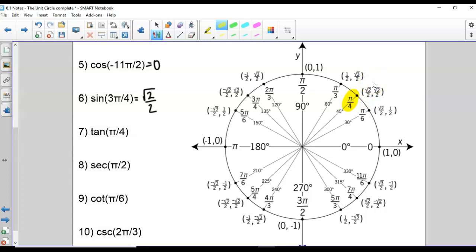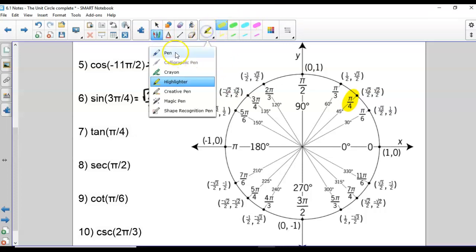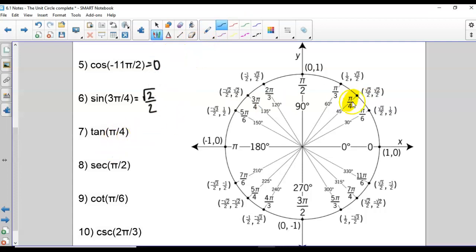So this is where you have to use those identities that I showed you on the last slide. Rather than doing tangent of pi over 4, because we can't, we have to say sine of pi over 4 divided by cosine of pi over 4.